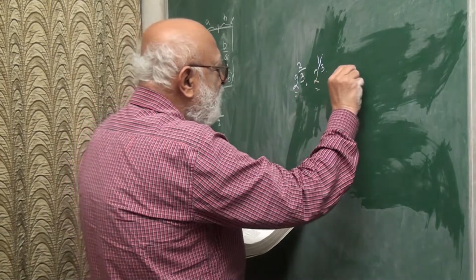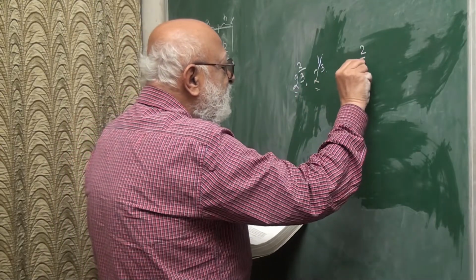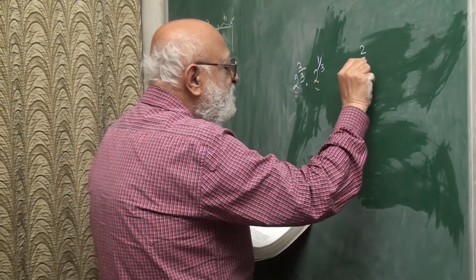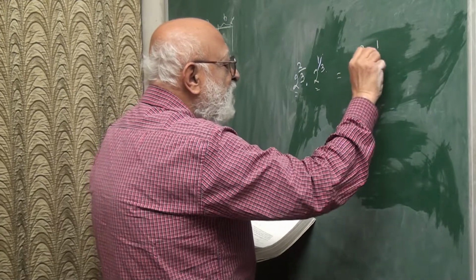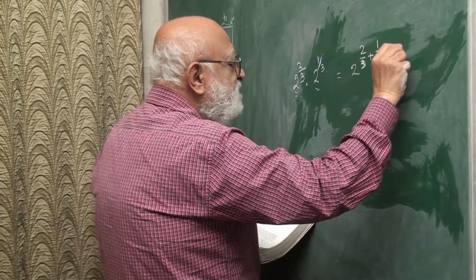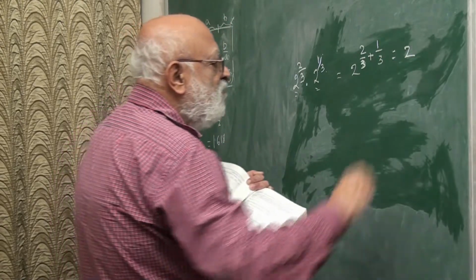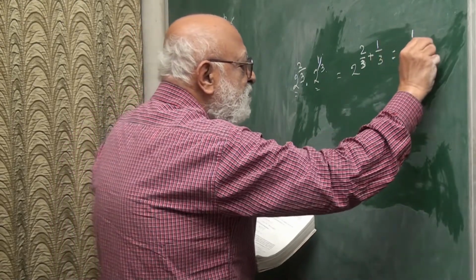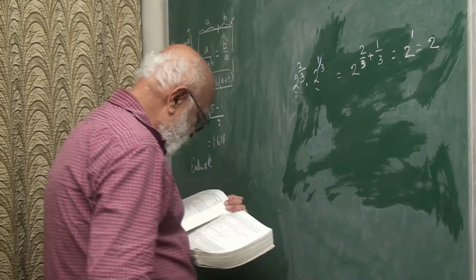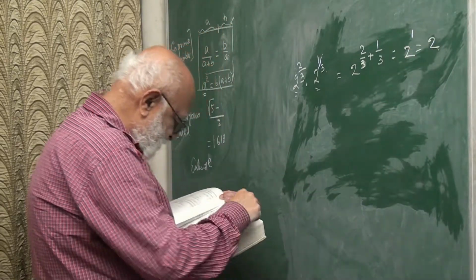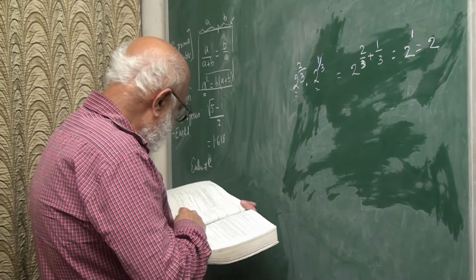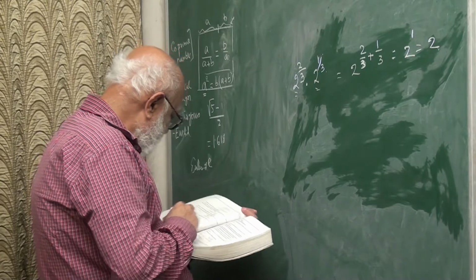So I can add up 2 to the power 2/3 plus 1/3, that is equal to 2 to the power 1, that is equal to 2. 2/3 plus 1/3.